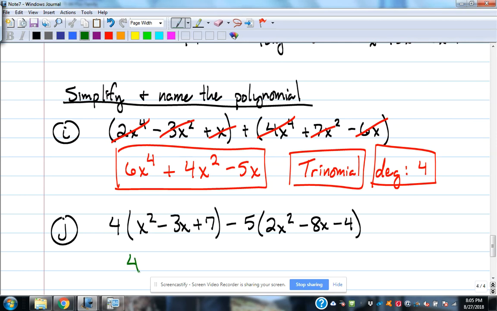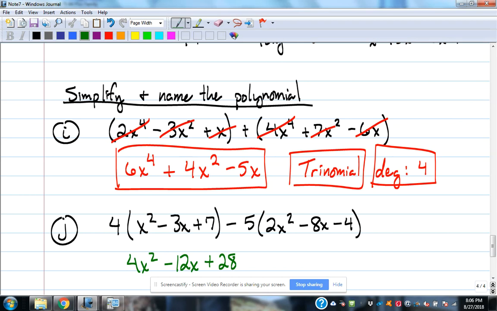4 times x squared is 4x squared plus 28. All right. Now, whatever sign is right here in this middle, you want to take it with you when you distribute. So we're going to distribute this as a negative 5. If that were a plus 5, we'd distribute it as a positive 5.